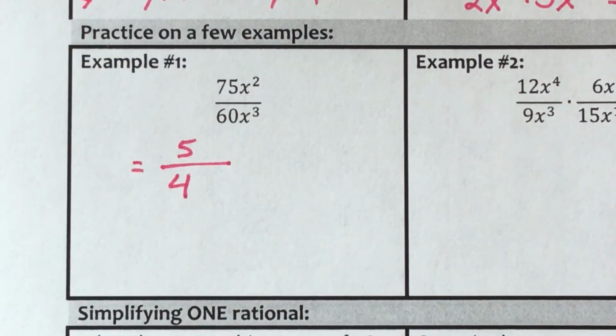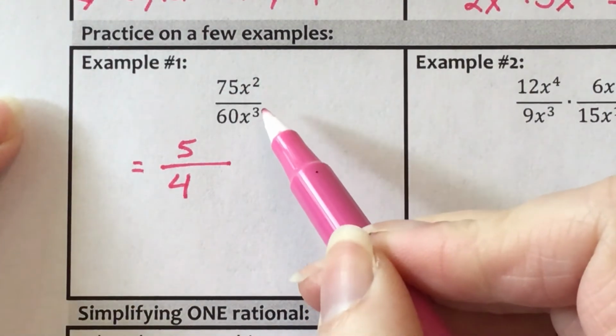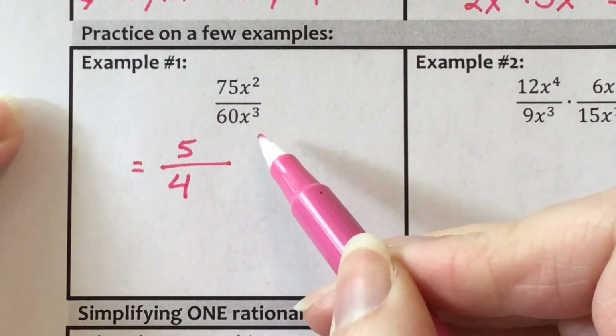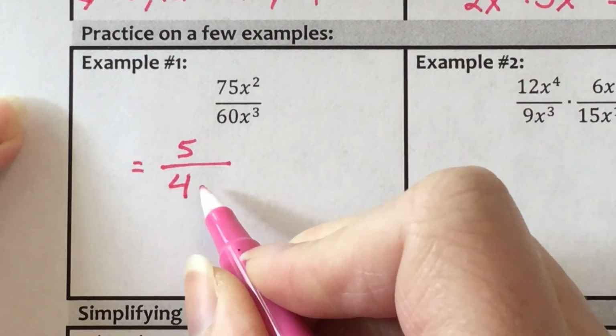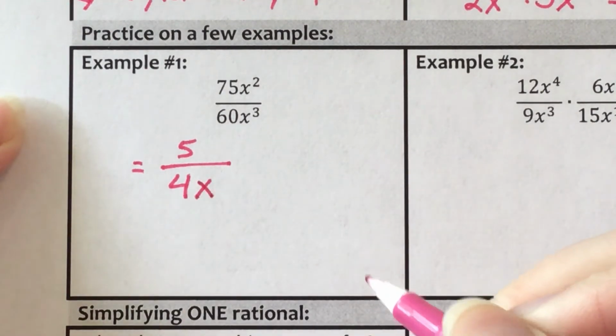Now the x's, you're going to subtract those exponents. Okay. But where we put our remaining stuff is going to depend on wherever the bigger exponent is. So notice that for the x's, there's a bigger exponent on the bottom than on the top. So our remaining x's are going to be on the bottom of the fraction. Okay, so now let's subtract.